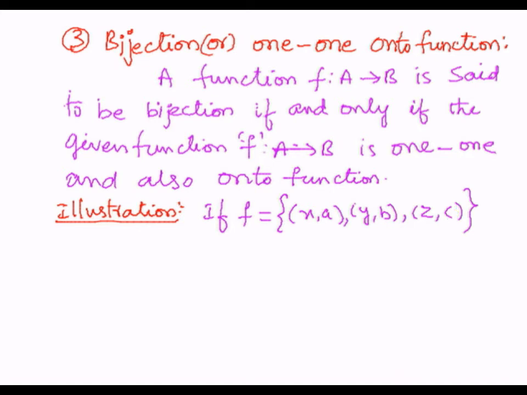To be a one to one function, no two different elements of A must have the same image in B. So x and y have different images, and y and z have different images, b and c. Similarly x, a and z, c: x and z have different images, a and c. So no two elements of A, that is x, y, z, belonging to set A, with a, b, c belonging to set B, have the same image in B.